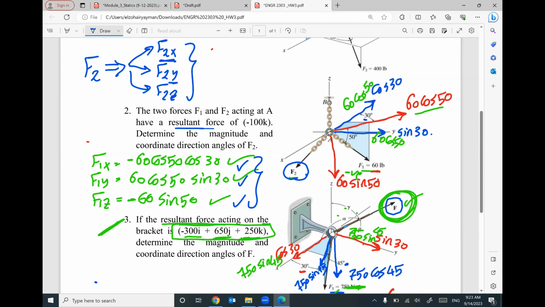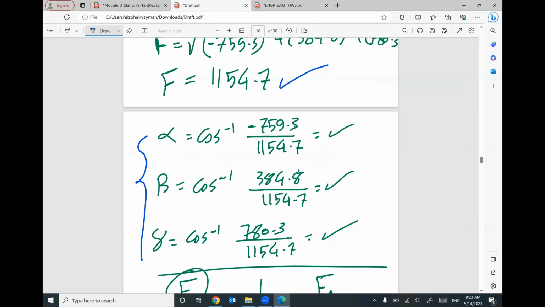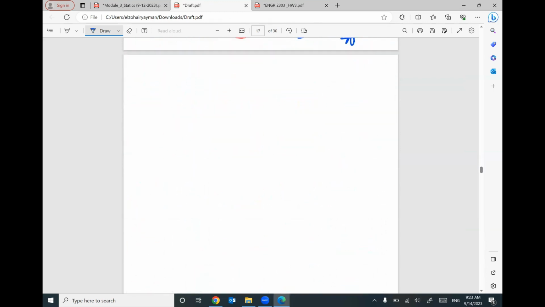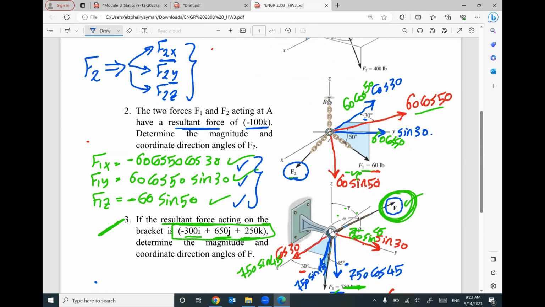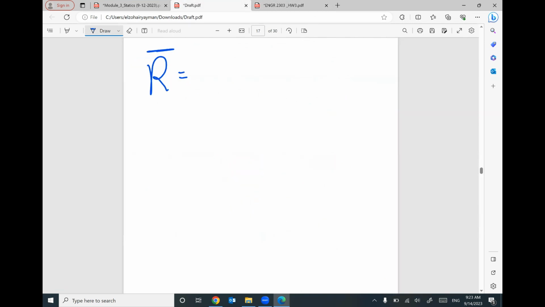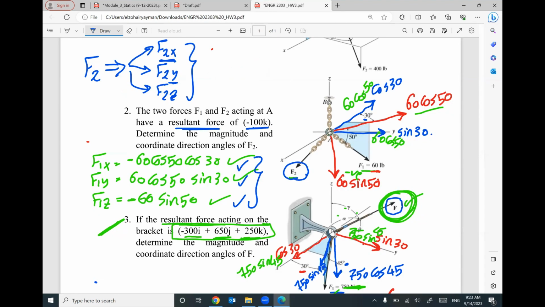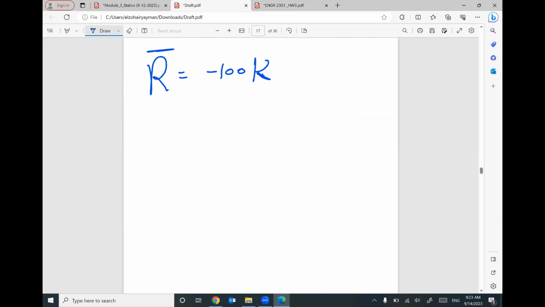The resultant force is given as a vector equal to negative 100 K. Keep in mind, this vector, which is very small, originally looks like 0I plus 0J negative 100K.